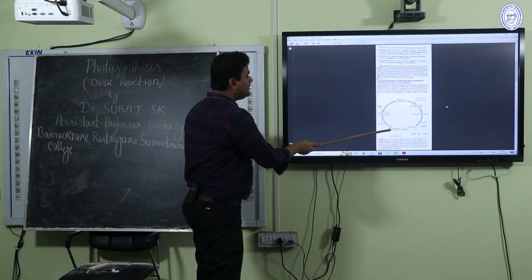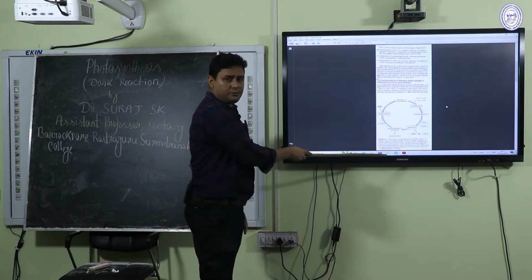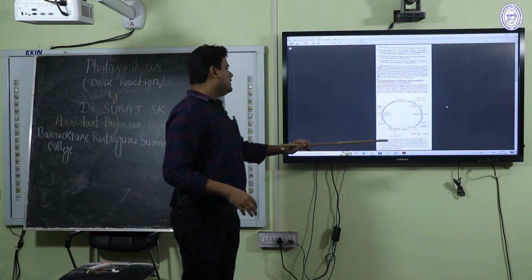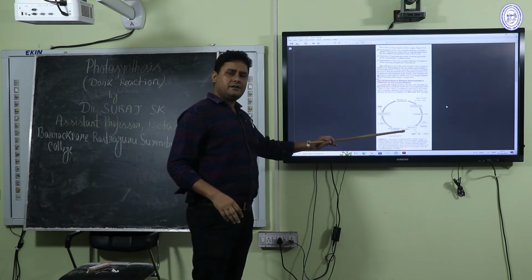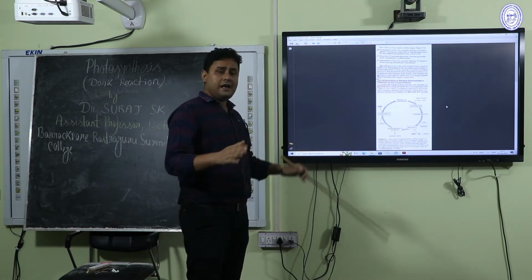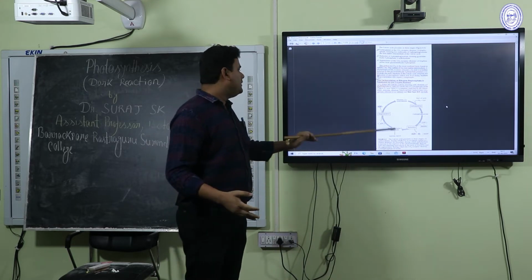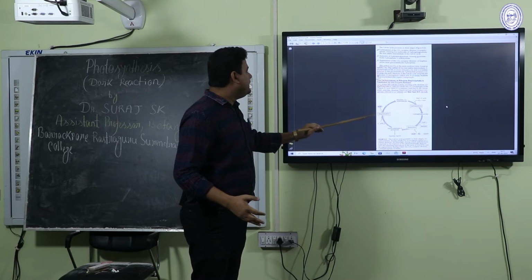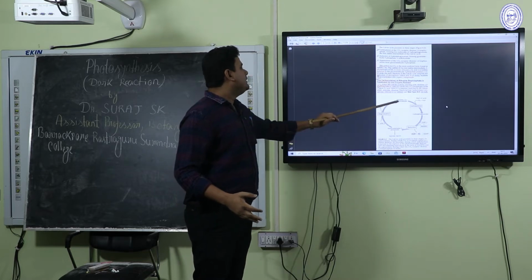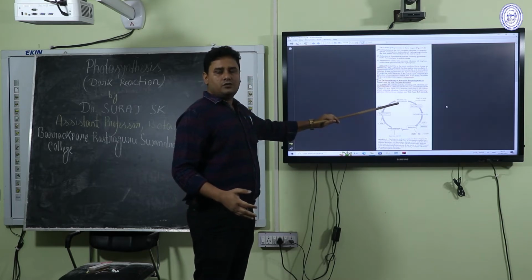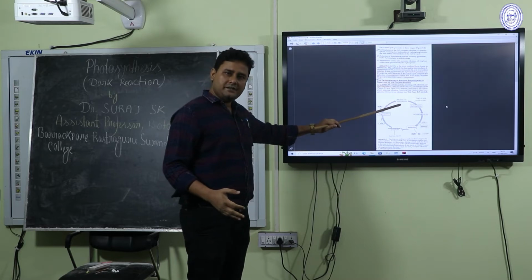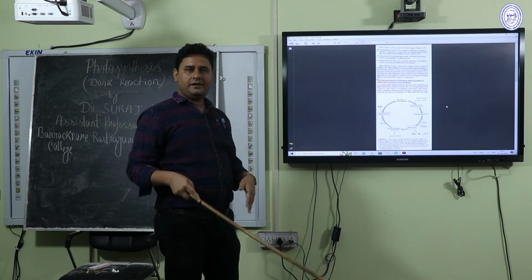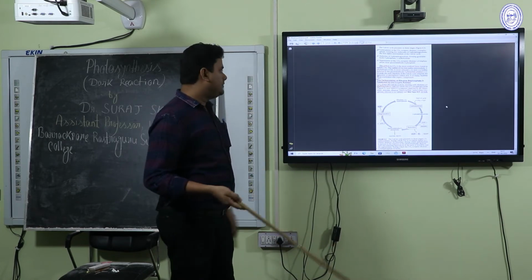Actually, this glyceraldehyde 3-phosphate will be converted into sucrose and starch, and some portion of glyceraldehyde 3-phosphate will regenerate ribulose 1,5-bisphosphate again, and this way the cycle will continue.